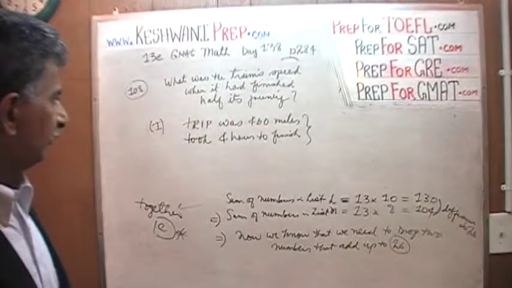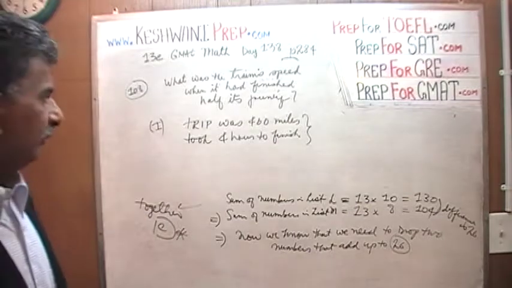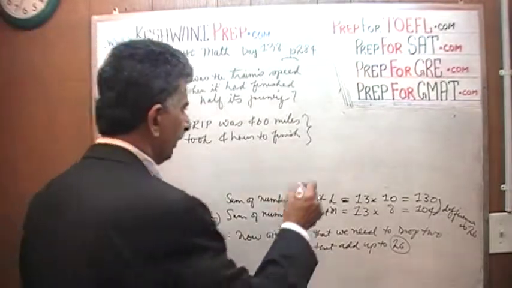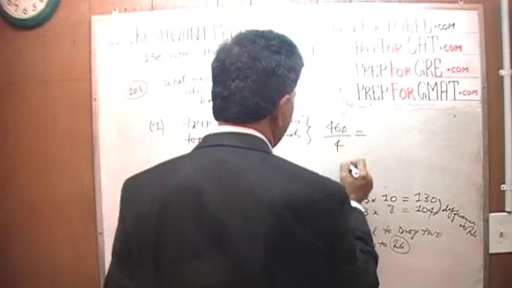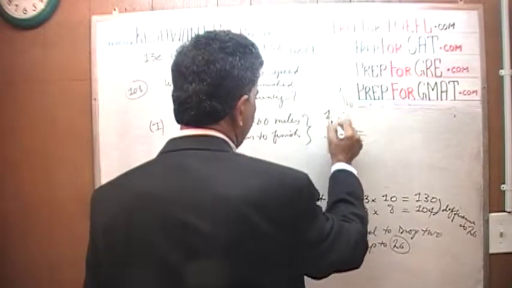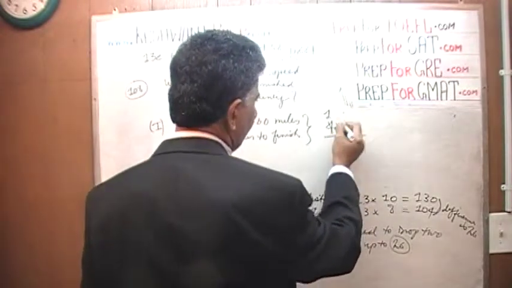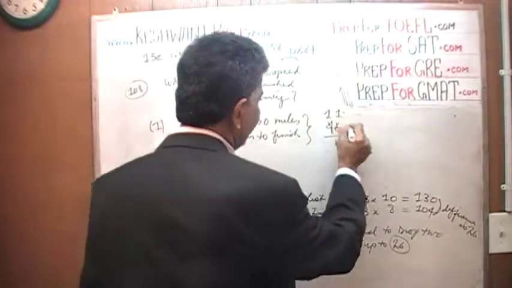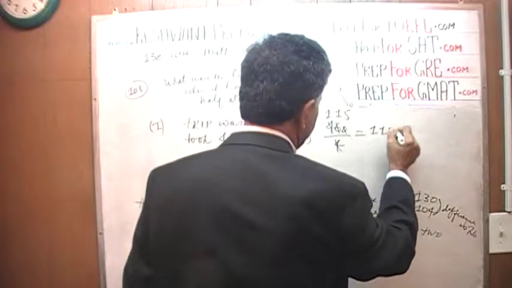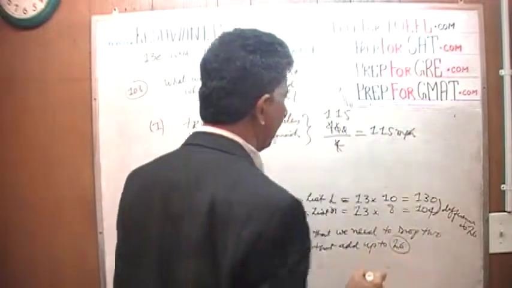If you put the two pieces together, it was 460 miles and took 4 hours. What it tells us is the average speed: 460 miles over 4 hours. 4 divided by 4 is 1. How many 4s in 6? 6 has one 4. The remaining 2 joins the 0, becomes 20, and 20 has 5 fours. So this tells us that the average speed was 115 miles per hour.